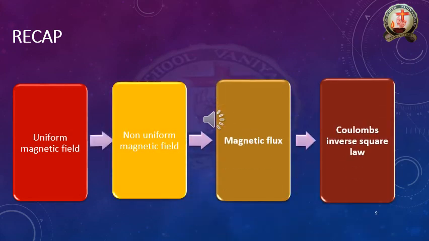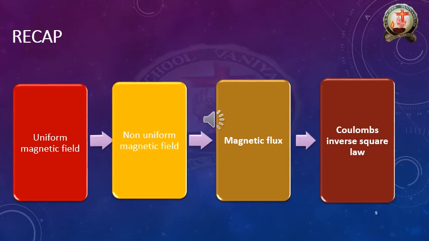Now, what we discussed from the last 20 minutes onwards, I will roughly revise now. First one is uniform magnetic field. What I told about uniform magnetic field: the value of magnitude and direction at all the points is the same, that is the uniform magnetic field.